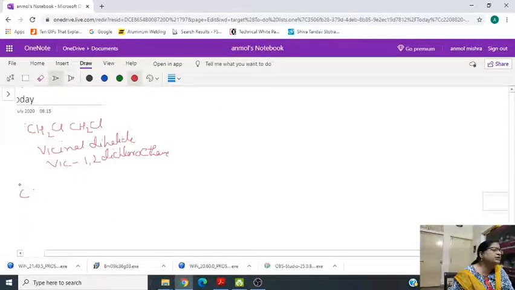In the case if both the halogen atoms are present at the same carbon atom, then the term is geminal dihalide.